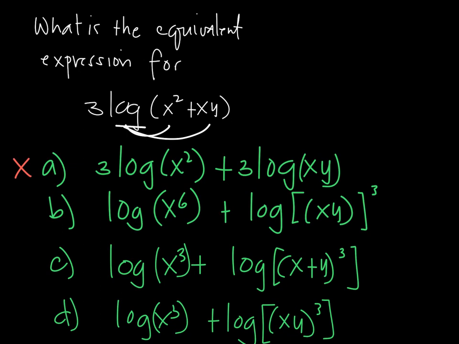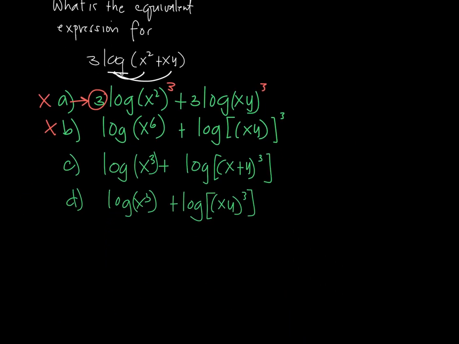Letter B is a consequence of letter A, thinking that if this is correct, we can make use of the power rule to place the 3 as exponent of x squared and xy respectively. However, since A is wrong, B is also wrong because it is coming from an incorrect statement.